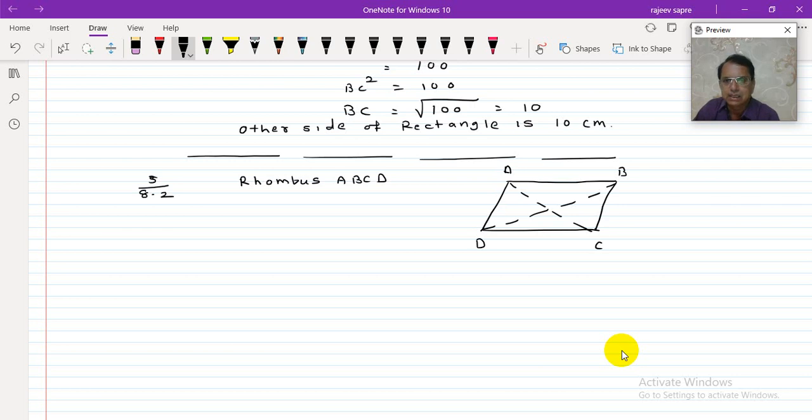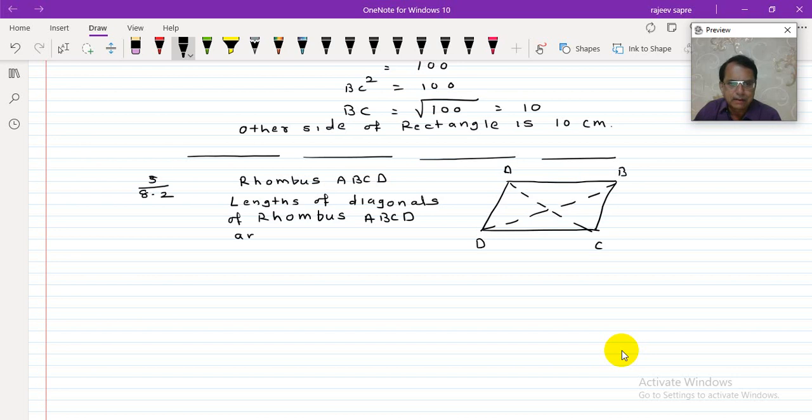Now what is told to you? Lengths of the diagonals of the rhombus ABCD are 16 centimeters and 12 centimeters. I am not writing the question, I am explaining the answer.